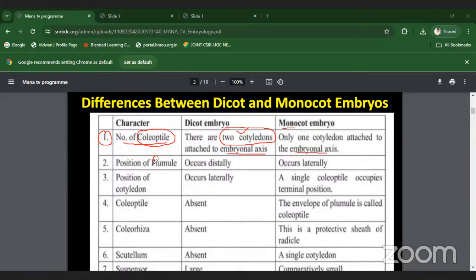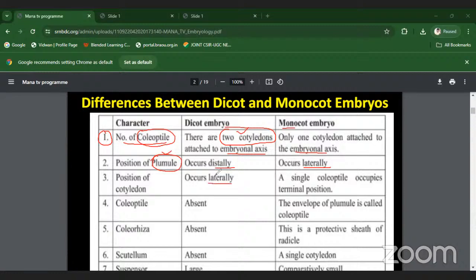Position of plumule: the plumule is nothing but the primary shoot apex. In dicot the plumule occurs distally, at the apical part, but in monocot the plumule occurs on the lateral side. Position of cotyledons: in dicot two cotyledons are formed laterally.